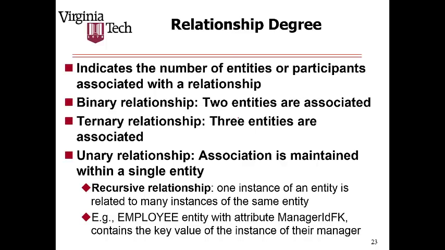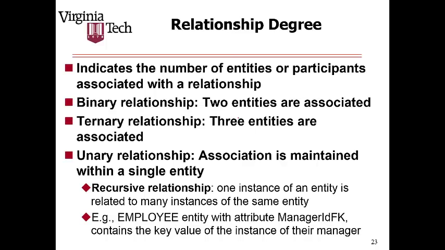That is their manager ID. So their manager ID would be a foreign key to employee, even though it's an attribute of employee. And there we would store the value of the employee ID that manages an instance of the employee.